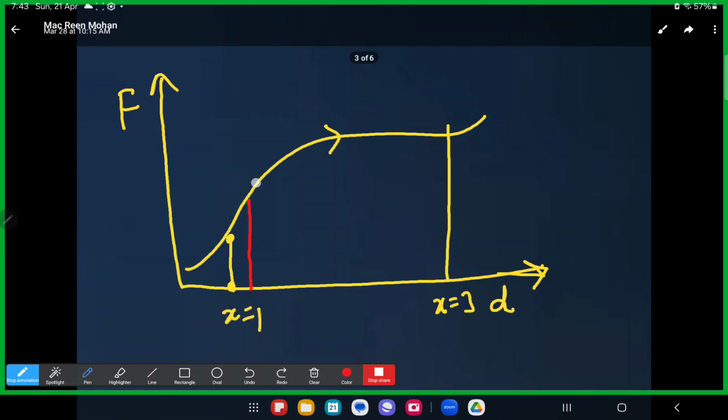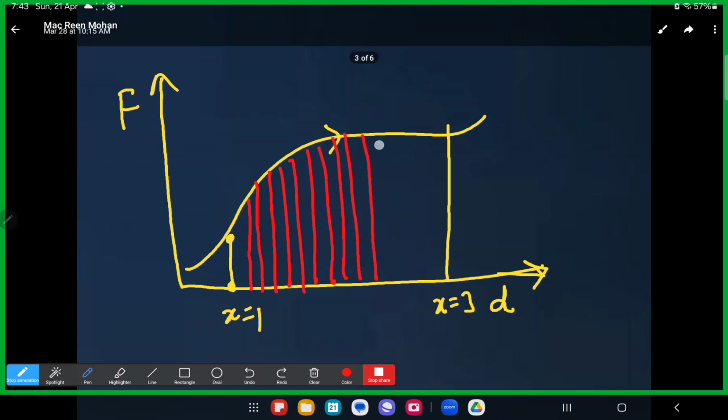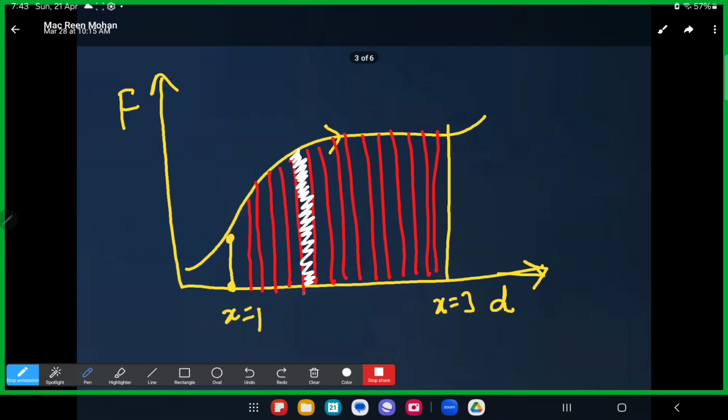I will divide the whole area into small strips. Then I am going to pick one strip in such a way that this particular width I can consider as dx. Always remember, dx is a very small linear dimension.